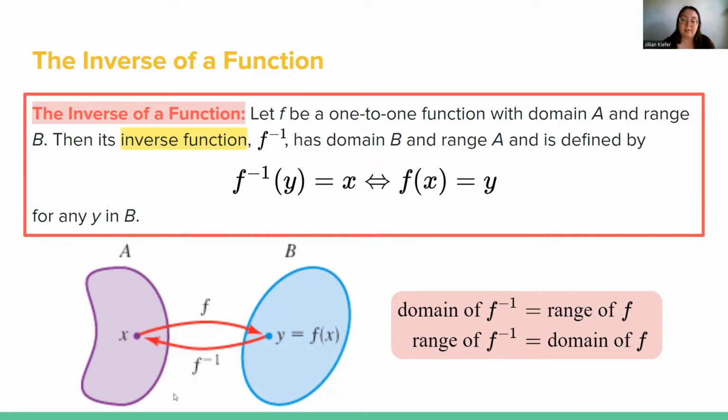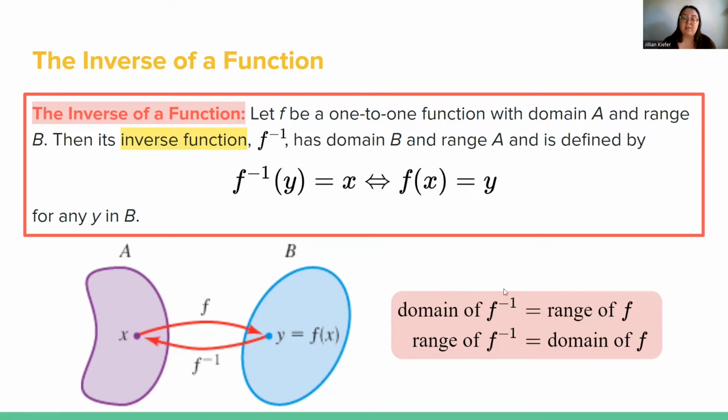So we also have a little bit of a visual here. These beans represent domains. So in domain A here, we have x. In domain B, we have y, which is also equal to f of x. So our function will take x from domain A and give us y from domain B. But an inverse function will take y from domain B and give us x from range A. So we see it kind of flipped here, and we have our little text box telling us this as well.